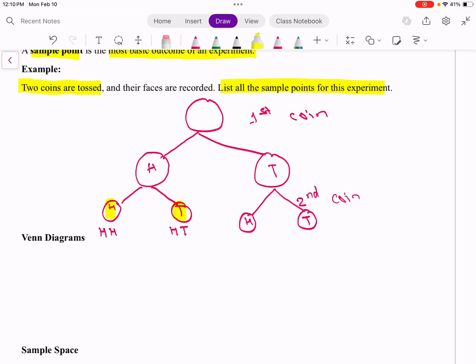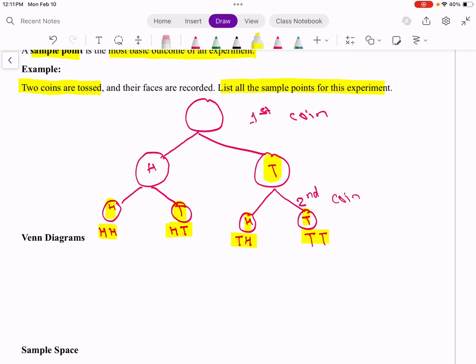The next case is that we might get a tail on our first toss and head on our second toss. So that is tail first, head second. Or we might get tail in the first coin and tail in the second coin. So tail first, tail second. So the possible outcomes are head-head, head-tail, tail-head, or tail-tail, and these are the sample points for this experiment.